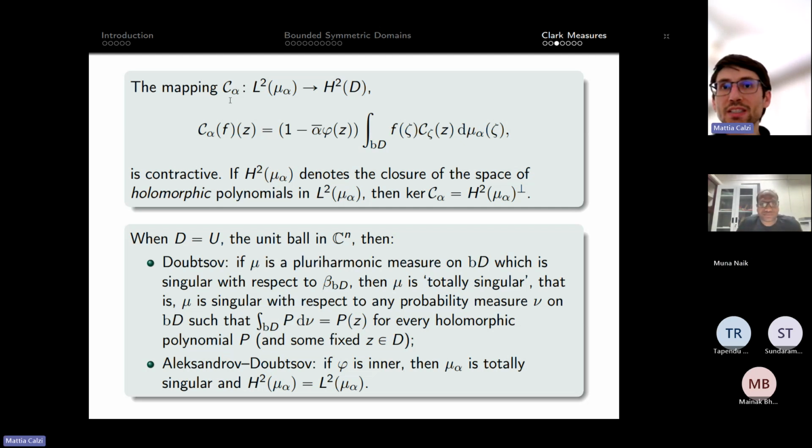In particular, it means that if you take your function in the smaller model space, sectionwise it belongs to the usual model space corresponding to the restriction of phi to the unit disk in the direction of some complex line passing through the Shilov boundary.